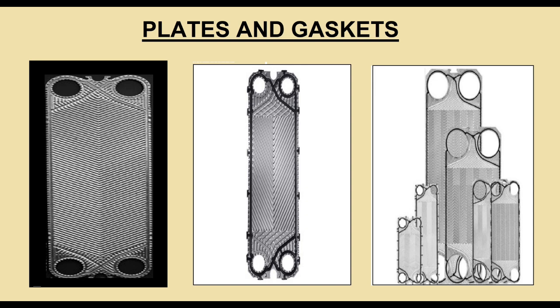The channels formed between adjacent plates impose a swirling motion to the fluids. The sealing of the plates is achieved by gaskets fitted at their ends. The gaskets are typically molded elastomers, selected based on their fluid compatibility and conditions of temperature and pressure. Nitrile rubbers are the materials generally used in the manufacture of the gaskets.